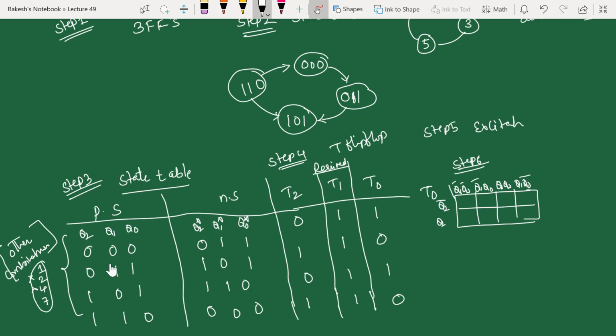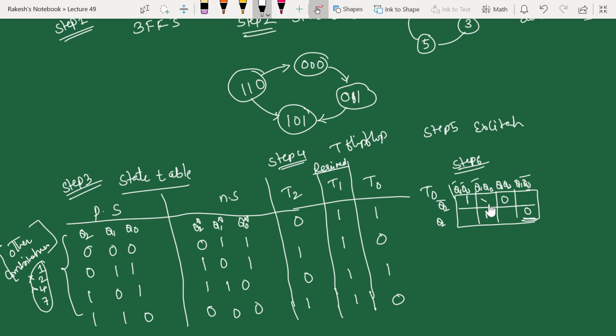So if you start writing, this 0, 0 is related to 1, and next one will be 3 related to 0, that is 0, then 5 is related to 1, 101, 101, then 110, that means this is 0. So we will have the 0th column, 3rd column, 4th, 5th column and 6th column.